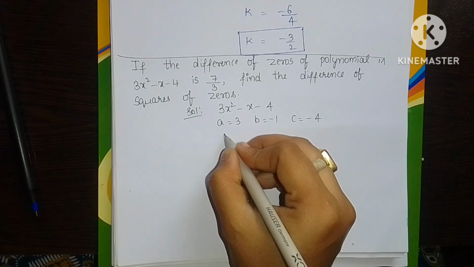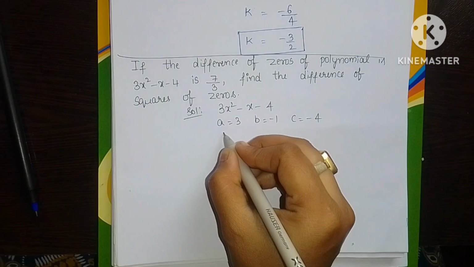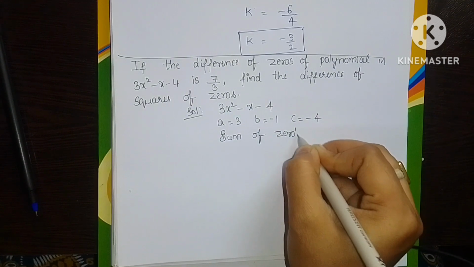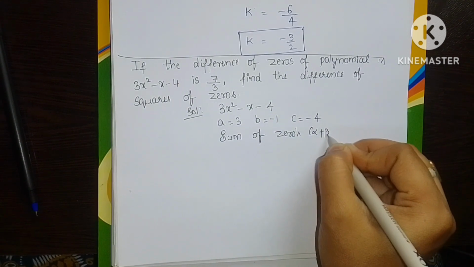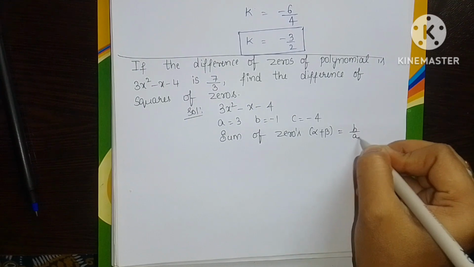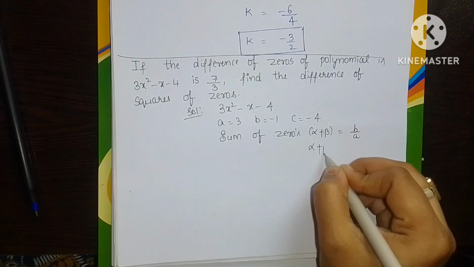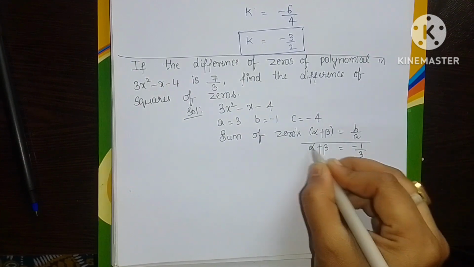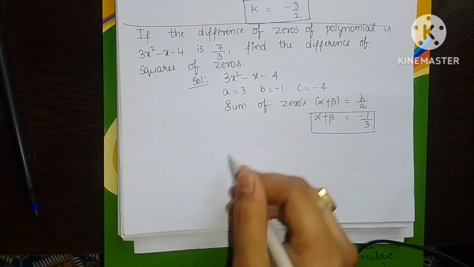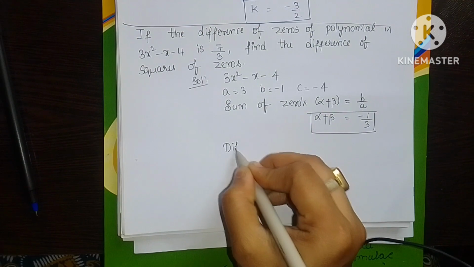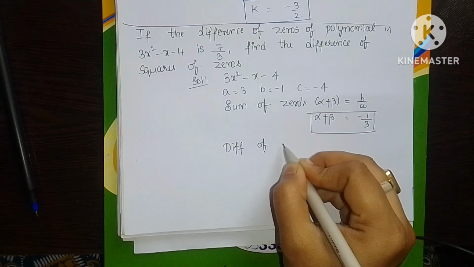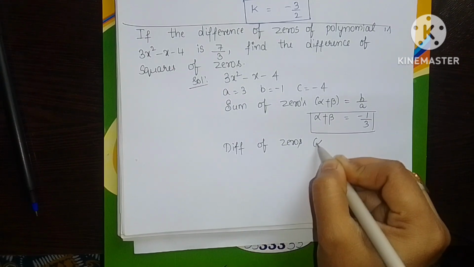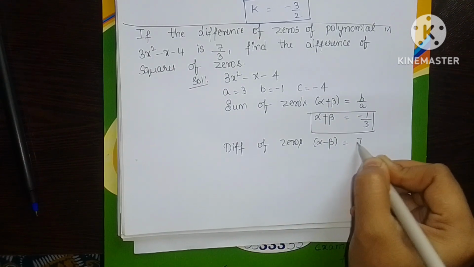We know that the sum of the zeros, alpha plus beta, is equal to minus b by a, which means minus 1 by 3. And they have given the difference of the zeros, alpha minus beta, as 7 by 3.